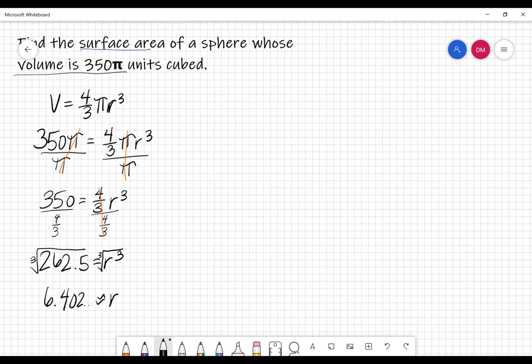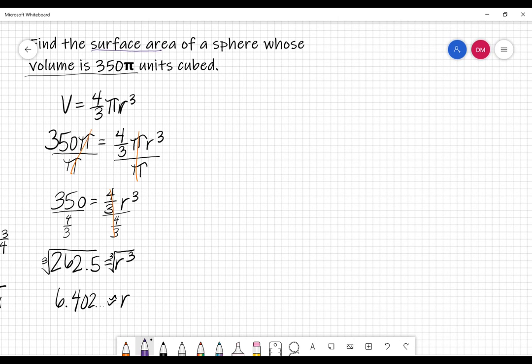So also, like the last problem, remember we wanted to find the surface area. So we are going to bring this up to our surface area formula now. We found r. We're going to plug it in its unrounded form right here for r. So in my calculator, I'm going to do 4 pi times that previous answer squared.